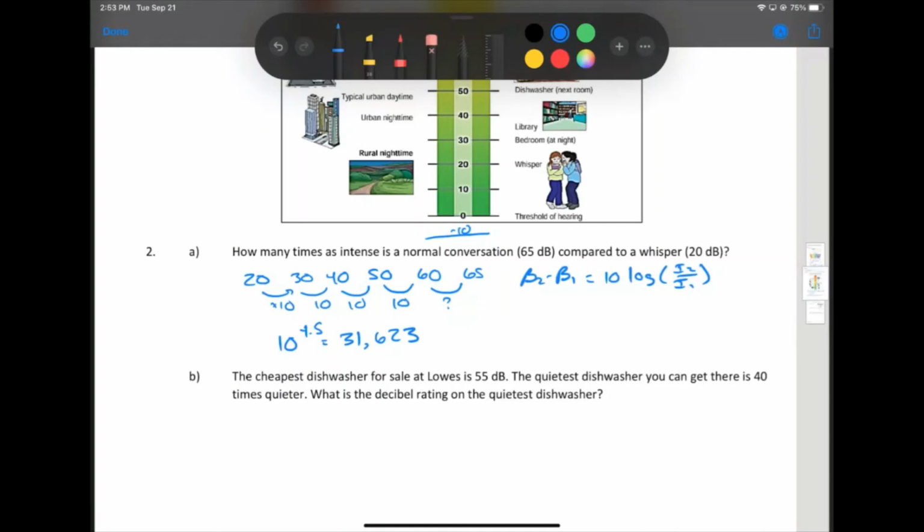Well, the difference in decibels was 45. Left the O out of the log. Divide both sides by 10. And what this is really saying, this 10 does, is it switched us from 45 decibels to 4.5 bells.